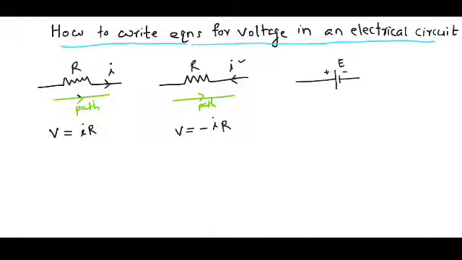If I consider the path along this direction in this circuit, then while going from left to right, first we will see the positive terminal of the battery. Then we have to write this as plus E.